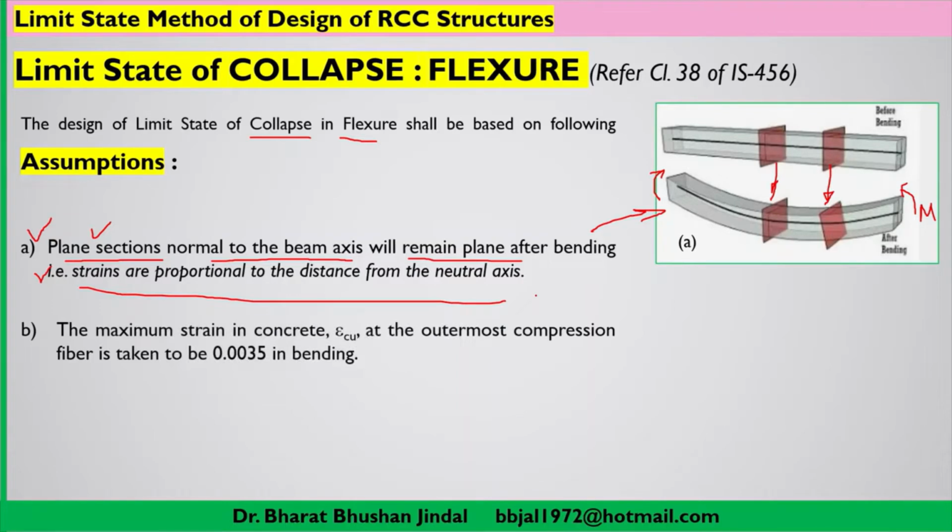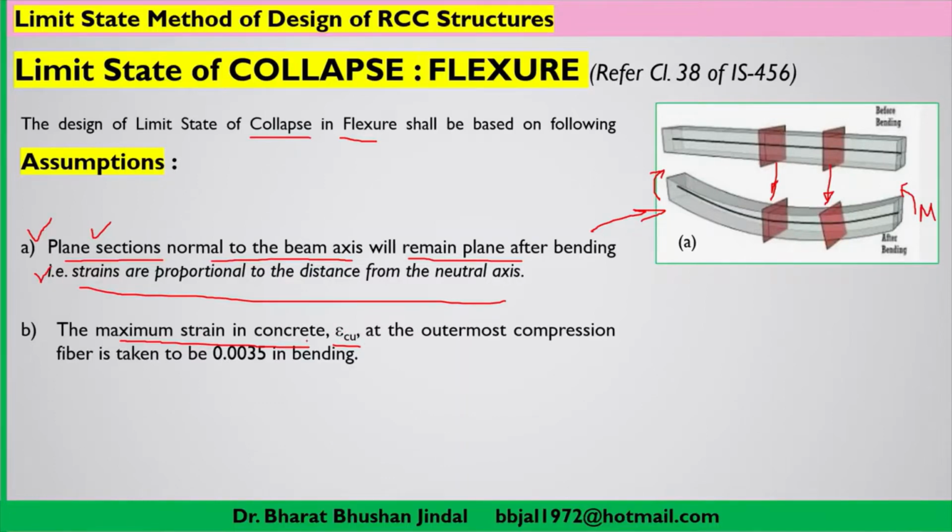Now the second very important assumption which we have to take into consideration is the maximum strain in concrete. When a concrete member is subjected to loading, some strain will automatically develop. So what will be the maximum strain? We have to restrict that, that is epsilon Cu. Cu is for concrete, and epsilon is the symbol we generally use in case of strain.